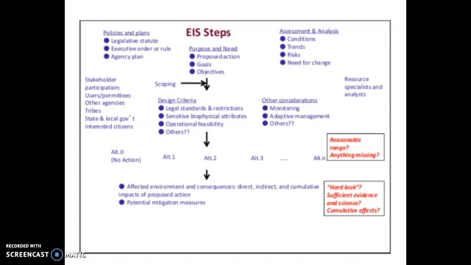So the middle part here, shown on the slide, has these different alternatives pitted against a no action alternative. And the no action alternative is just used as a baseline, really, for what the other alternatives will do compared to what the status quo is of the environment.